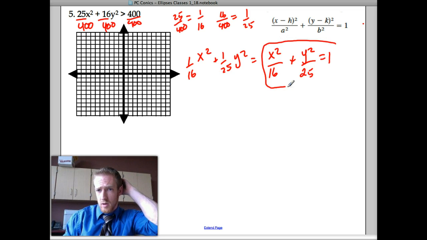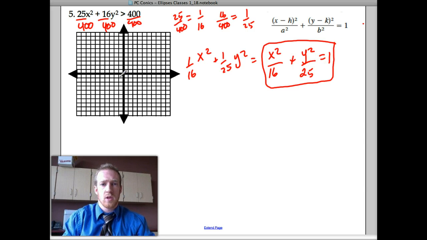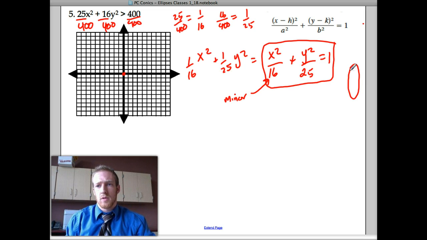So here's our formula. This is the relationship for our ellipse. The center is here. This is going to be for our minor axis. Since this is the larger number, it's going to be oblong this way instead of this way, so it's the up-and-down kind of ellipse.